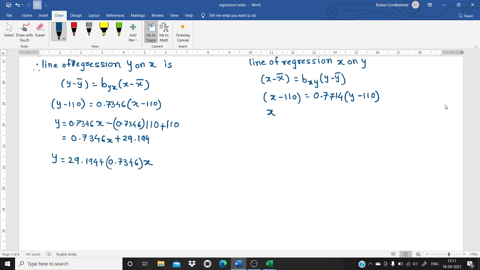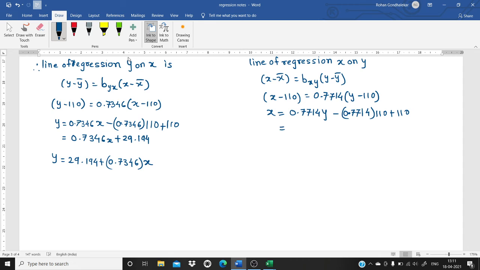Again, like the same, x is equal to 0.7714 into y minus 0.7714 multiplied by 110, plus 110, the left hand side 110.